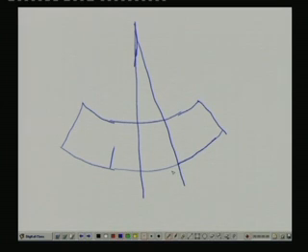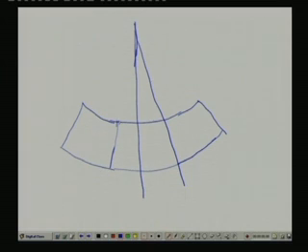Let me redraw this once again in a little clearer manner. This is the beam, this is the line segment. Now, this is the line after it has undergone bending.